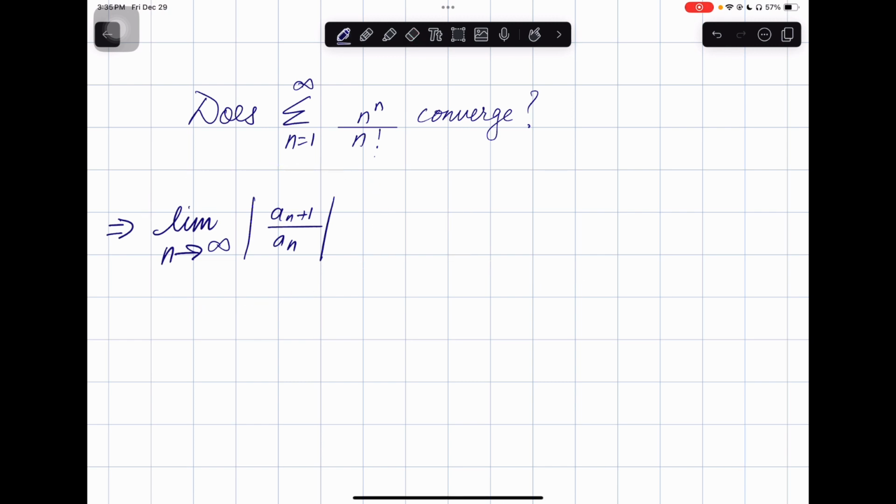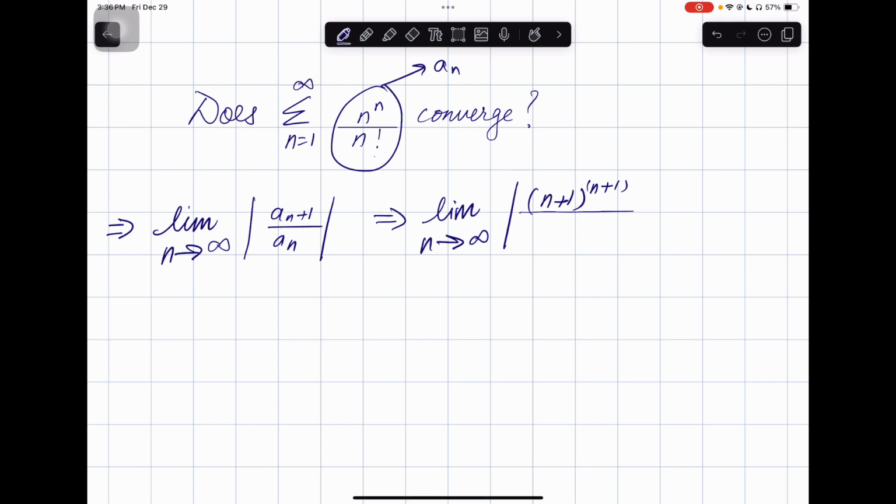So let's go. The limit as n tends to infinity. So a_(n+1) in this case would be (n+1) to the power n+1, since this is a_n, and for a_(n+1) you would just add 1 to the nth term, and for this it would be (n+1) factorial, right?